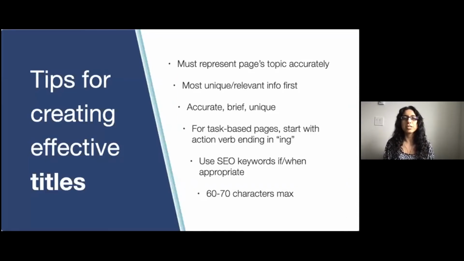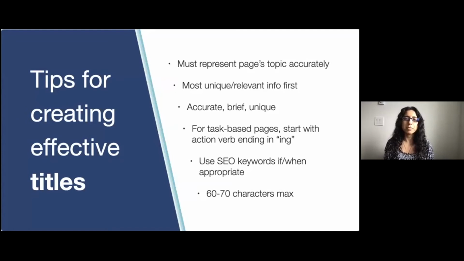So here are some tips for creating effective page titles. So first, your page title should accurately reflect the topic of your page. You want your most unique and relevant information first, and you want the title itself to be unique compared to all of the other pages on the website. And it should also be as short as possible. And specifically for task-based pages, which is what we're working with right now, it's good to start with an action verb ending in ing.